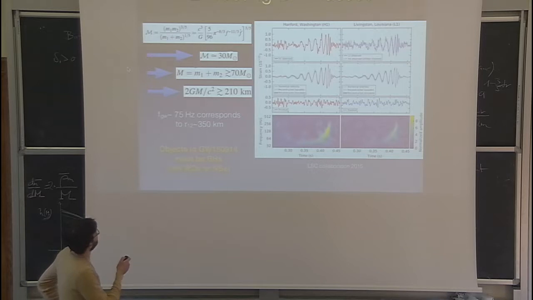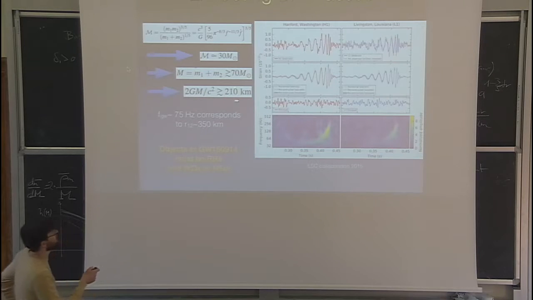Essentially, if you assume that these two black holes have roughly equal masses, you can convert this chirp mass into a total mass of about 70 solar masses, which, if you convert that into a Schwarzschild radius, gives you 210 kilometers.